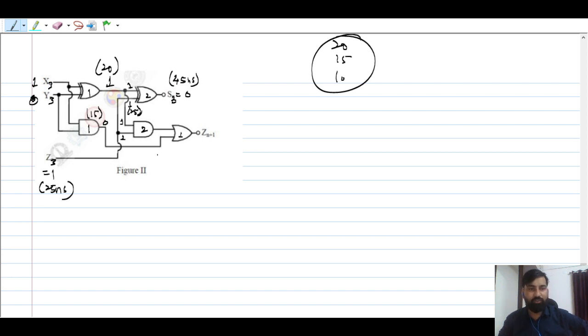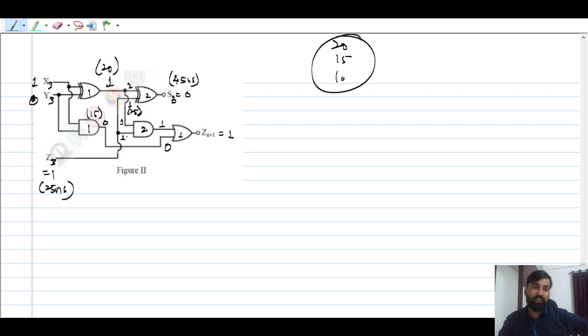Now this is 1, and this is nothing but 1 only, right? So this you can say is 0. Now this AND gate is going to respond. As we know, as long as either of the inputs of the OR gate is 1, it is going to be 1 only. It is going to be stable, but after how many nanoseconds, right? That is very important. This one is available at 20 nanoseconds, but this one is available at 25 nanoseconds.